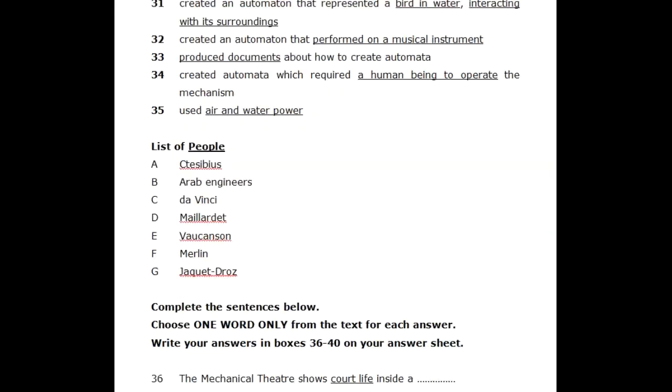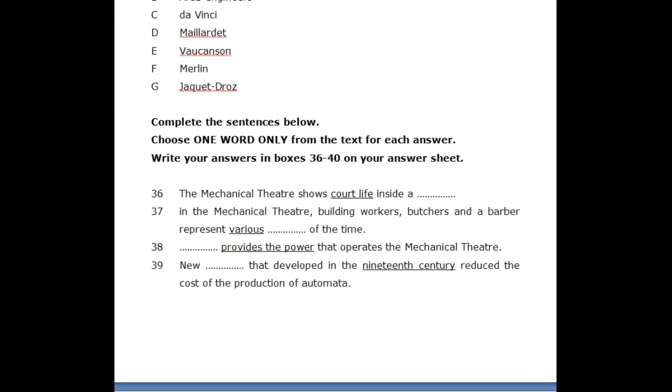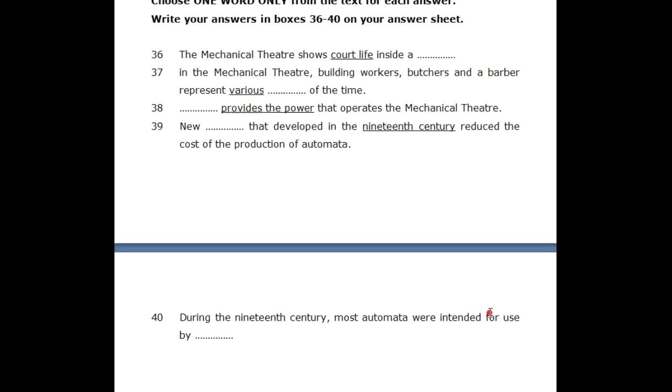Let's look at the last keyword. Again 19th century: most automata were intended for use by. This is what you have to find. I'll give the answer just after that, I think. To be used by whom I have to find out, means who will be the end user of all this? Easier, isn't it?